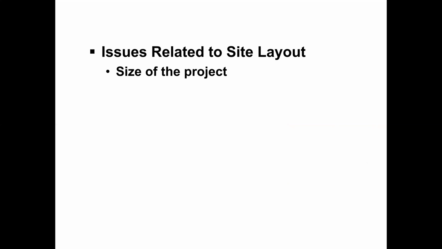As the title of the chapter indicates, we are going to discuss all the issues for a construction project from the starting of the project until completion of the project. So it's all the issues during the construction phase.